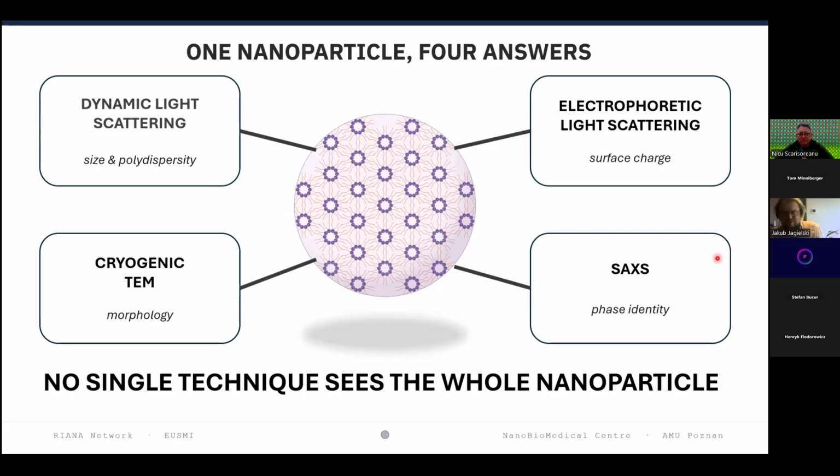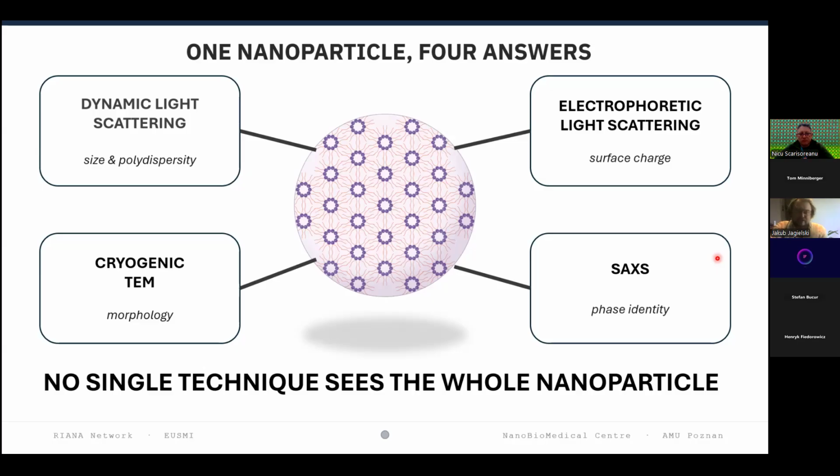So DLS provided us with the hydrodynamic size and polydispersity. ELS yields the zeta potential, essential for predicting colloidal stability and understanding the electrostatic interactions with biological membranes.